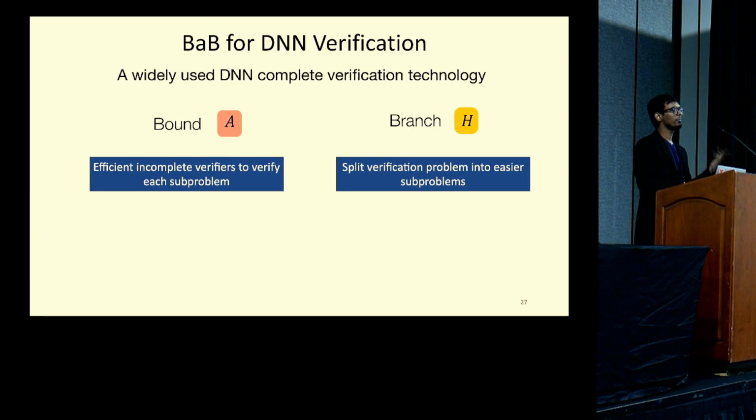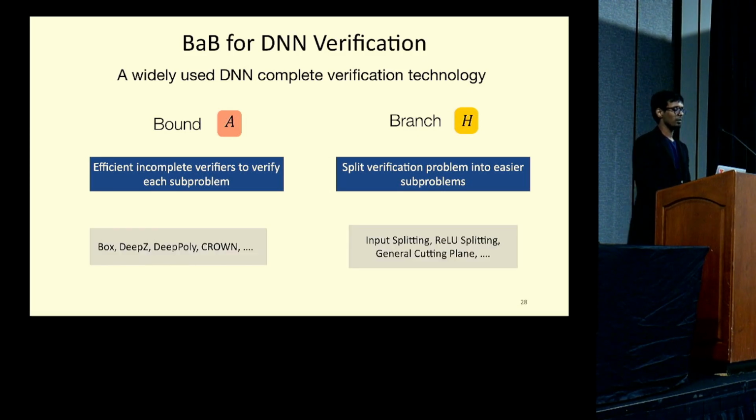And the idea of branch and bound based verification is you iteratively perform bounding and branching until you verify all the subproblems and either find a counterexample or end up with a verification of the property. Previous work has used different kinds of branching and bounding techniques, and our work, Ivan, is applicable to all of them.